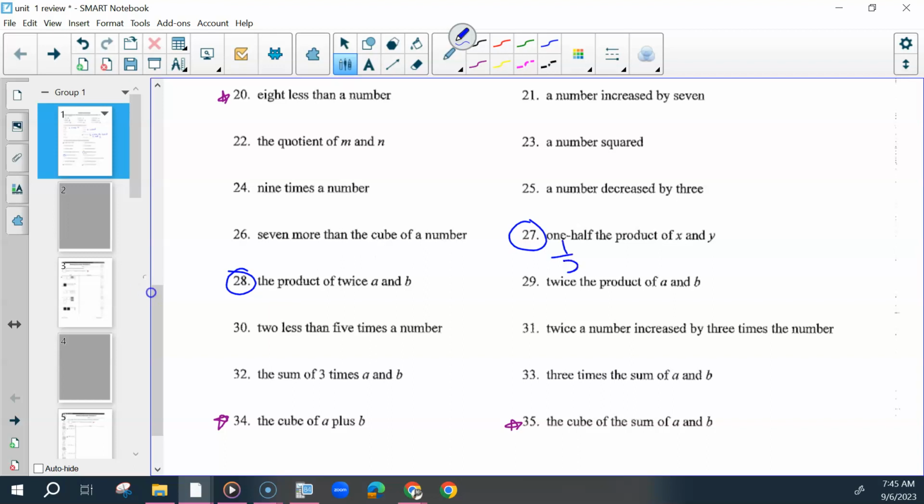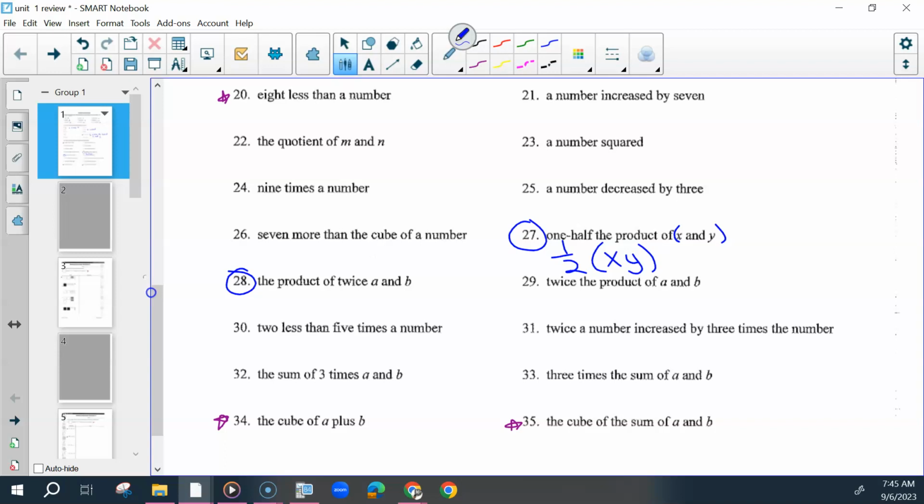We know we have 1/2. We know the product of means we're going to multiply x and y together. And 1/2 is being multiplied to all of that. So in parentheses, we need x and y. Remember that we don't need the dot in between. We can just put them next to one another.